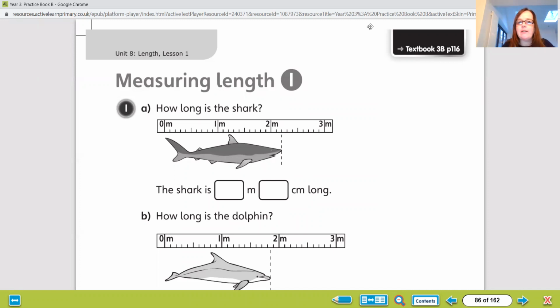So we can write that in. So he's 2 meters and 20 centimetres because we have 20 on the second one. Okay, need to clear that.